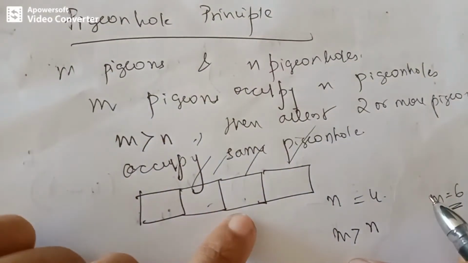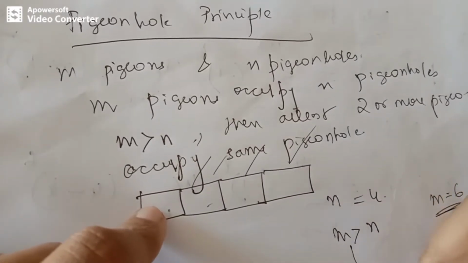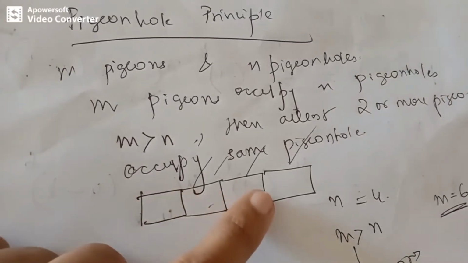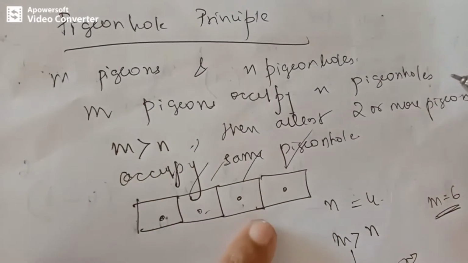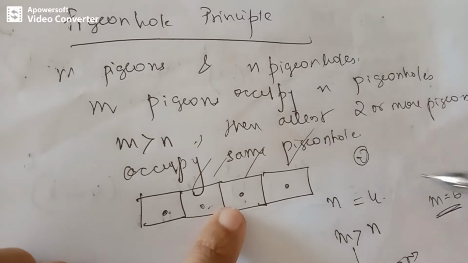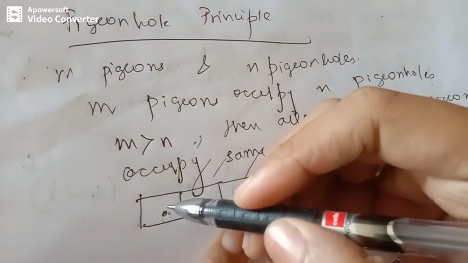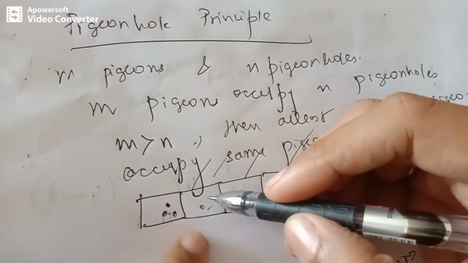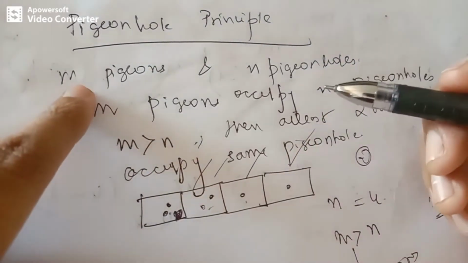Let's take n equal to 4 pigeonholes and m represents the number of pigeons. If there are 6 pigeons to be occupied in these 4 pigeonholes, I'll represent each by a dot. You can observe that 4 are already occupied, still 2 are remaining out of 6 pigeons. So these will be at least in one hole, or another pigeon can also lie over here.